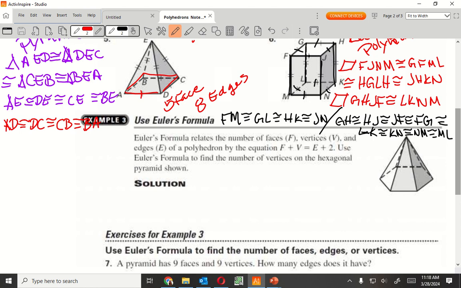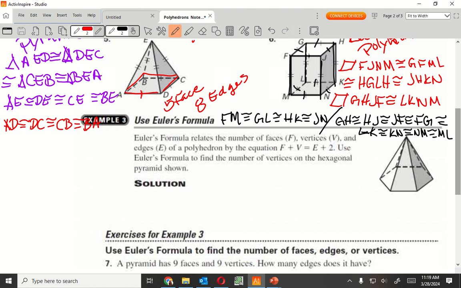So we have Euler's formula, which relates the number of faces F, vertices V, and edges E of a polyhedron by the equation F plus V equals E plus 2. Use Euler's formula to find the number of vertices on the hexagonal pyramid shown. Okay, F is my faces.